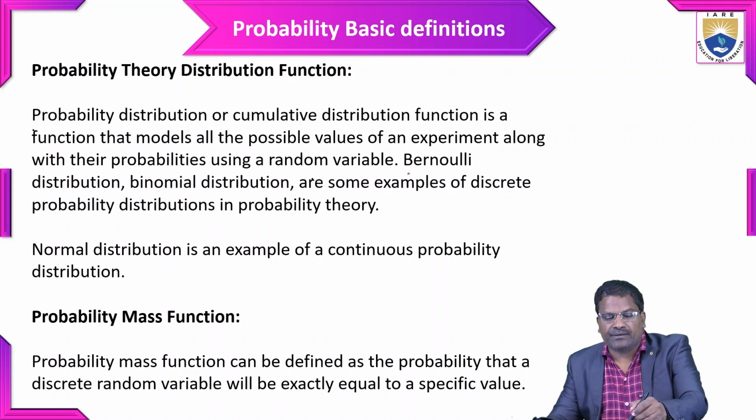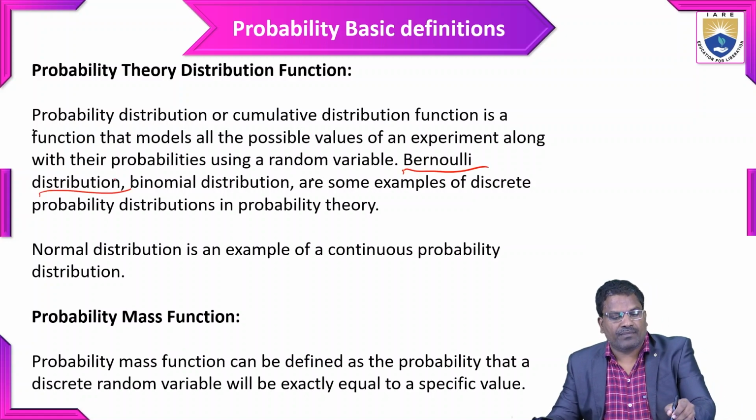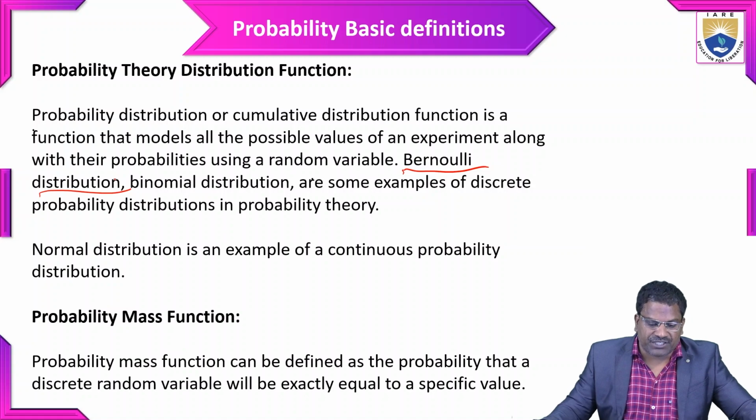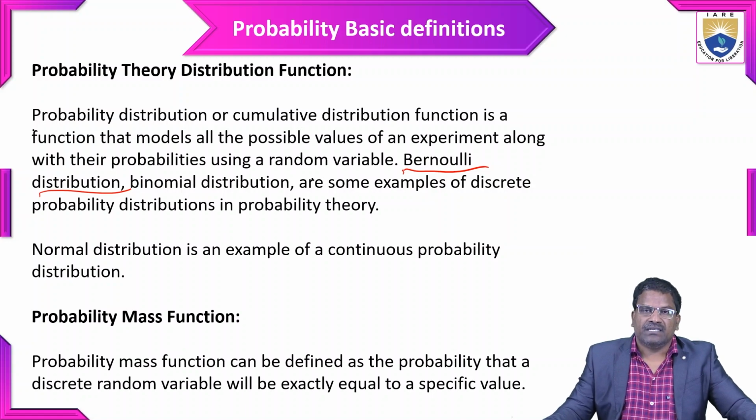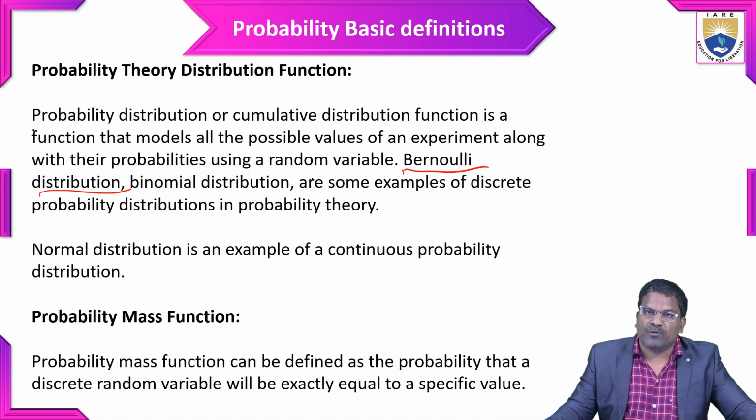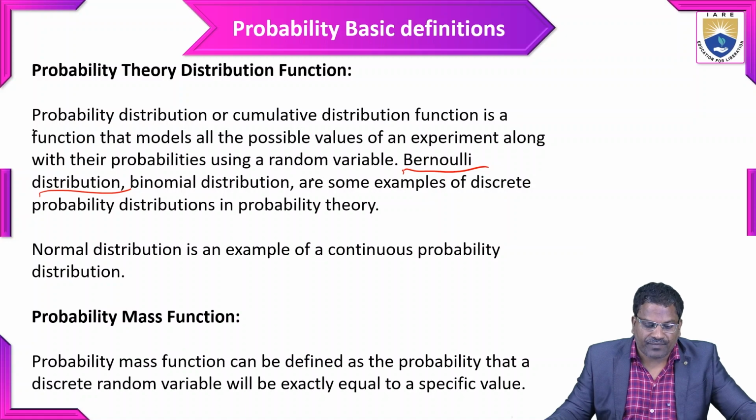Bernoulli distribution and binomial distribution are some examples of discrete probability distributions in probability theory.